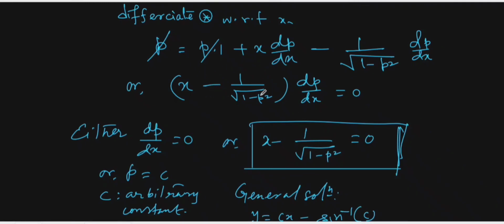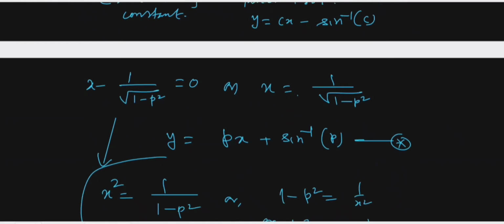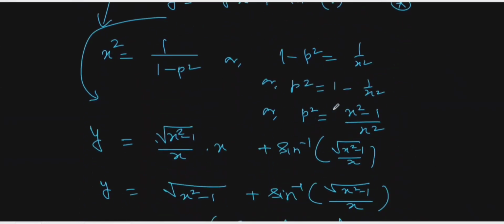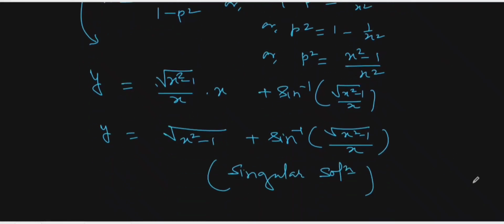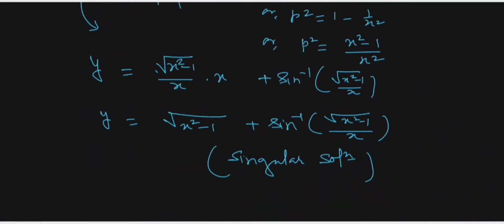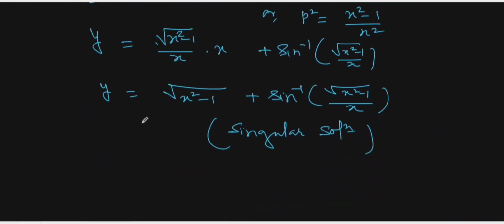From x minus 1 upon root over 1 minus p square we got the p value, where p square is x square minus 1 upon x square. We have taken a positive p value and put it in the equation star. We got the relation between x and y, which is the singular solution of the equation.